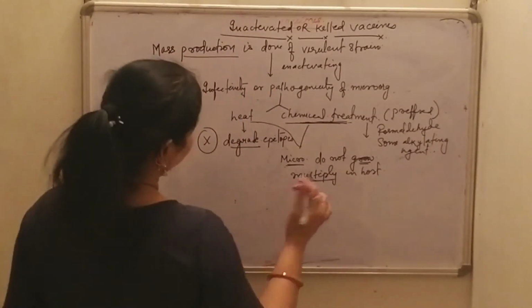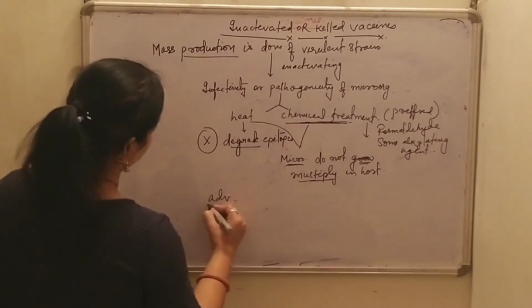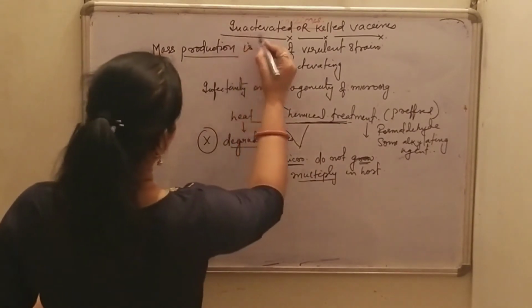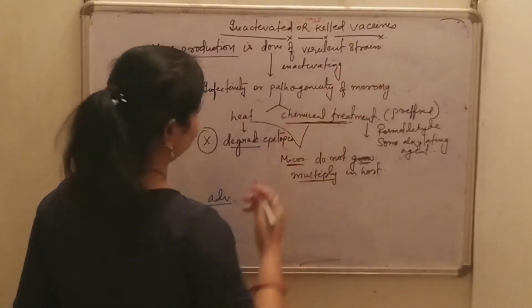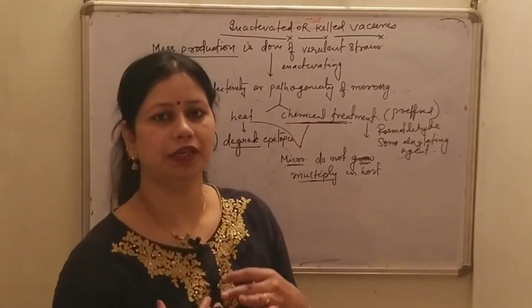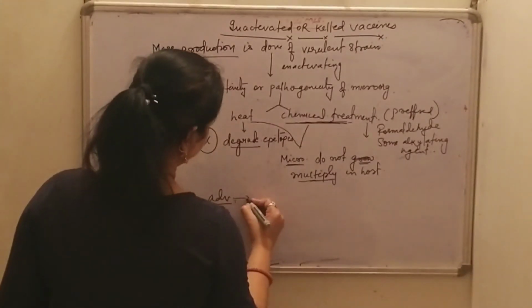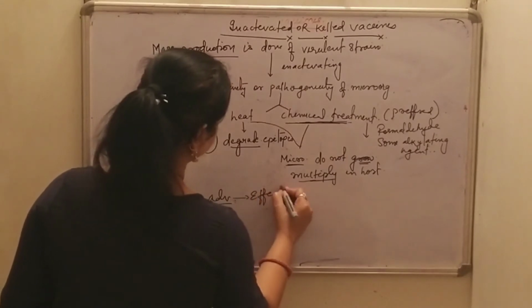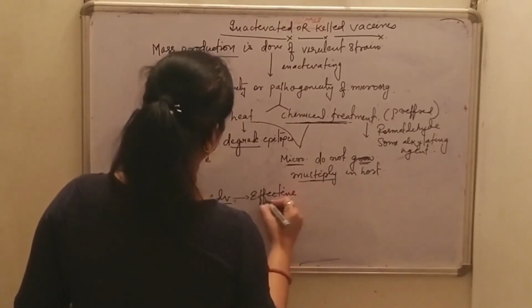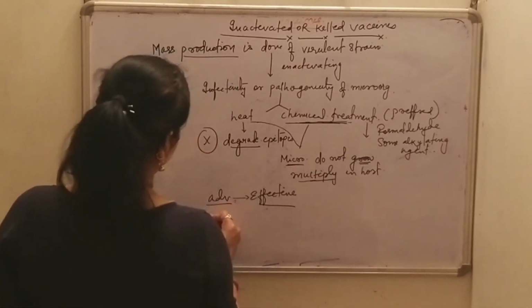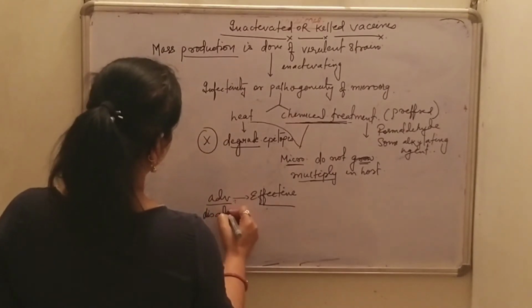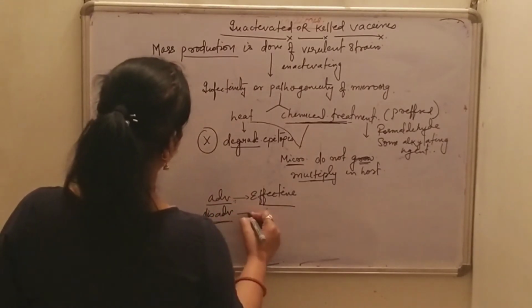So one advantage of inactivated or killed vaccines is that they are very effective. But one disadvantage is also associated with them.